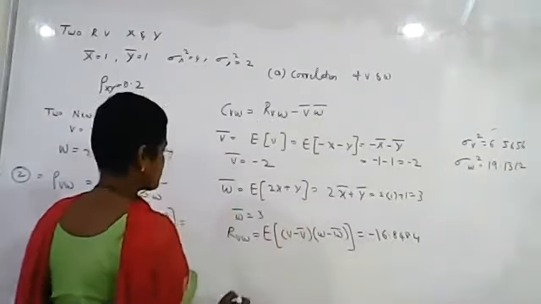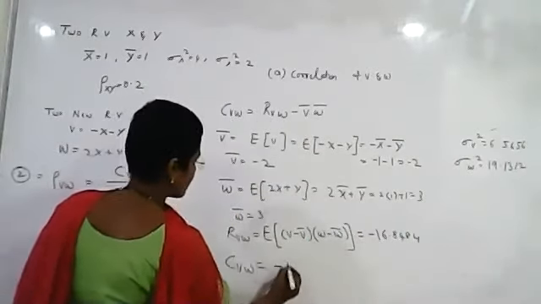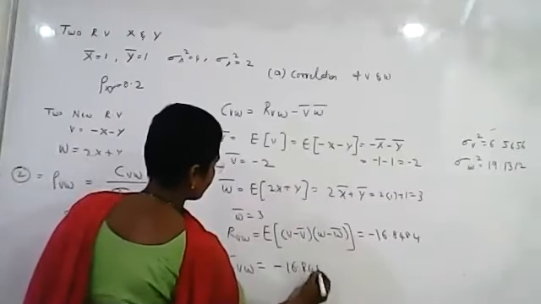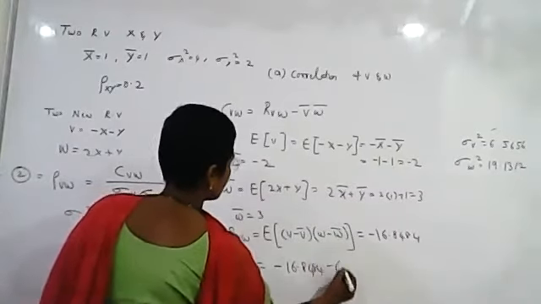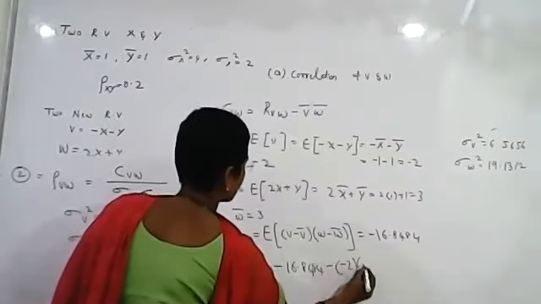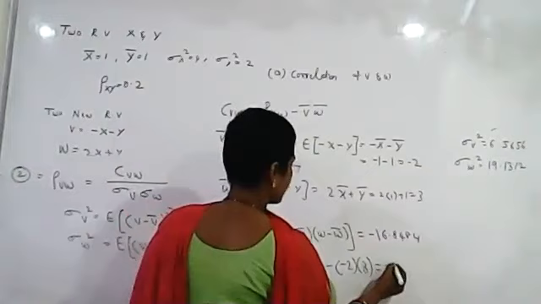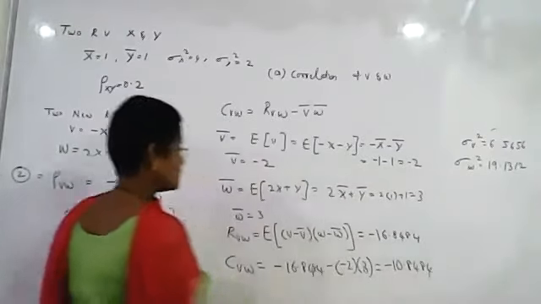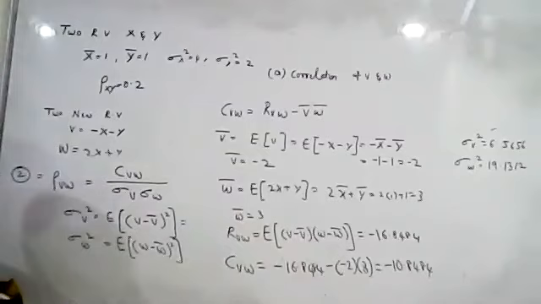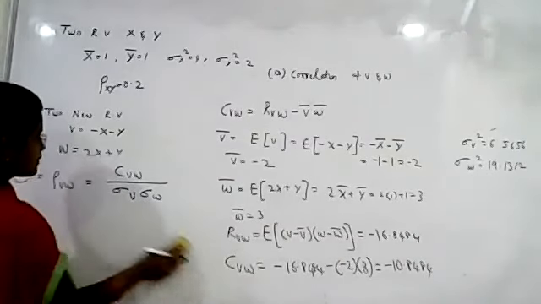Okay. Now substitute all these values, find out CVW. Minus 16.8484, minus V bar W bar. What is the value you get now? Students, what is the value? So it is minus 10.8484. Yes or no? So substitute all this.